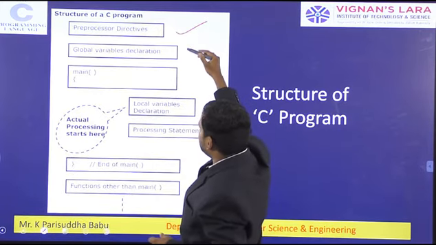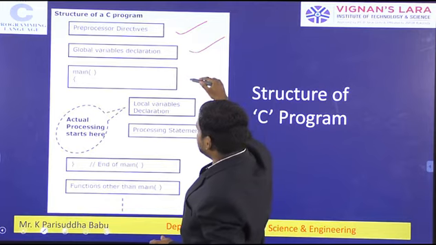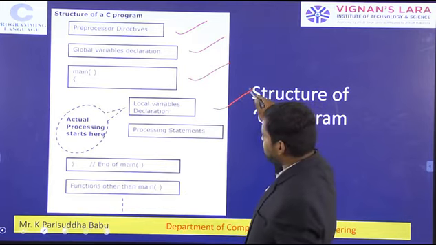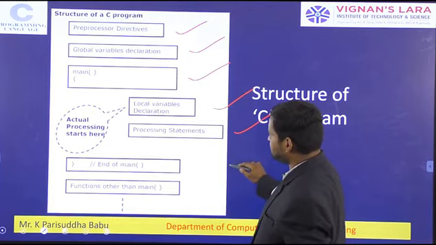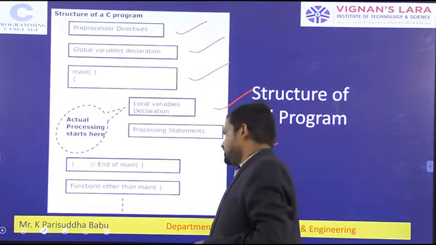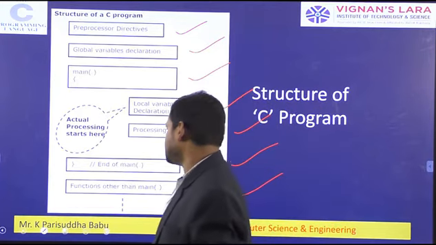Second is the global variable declaration, and third is the main program. After that come local variable declarations, processing statements, the end of the main, and functions other than main.